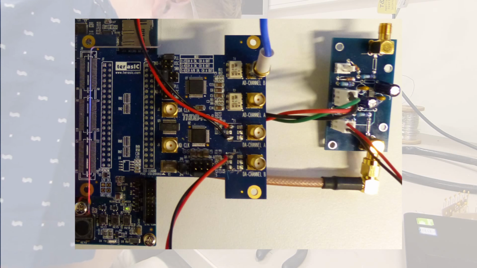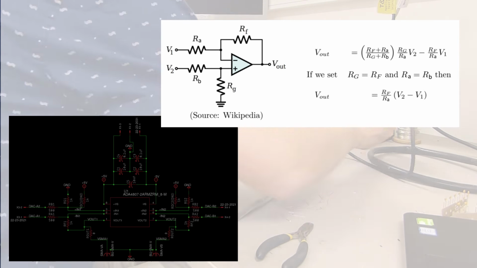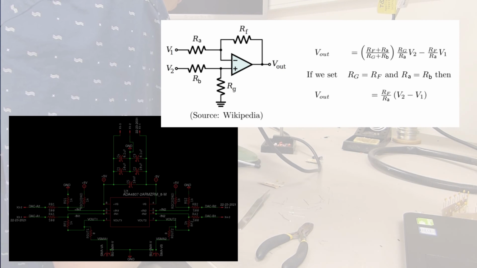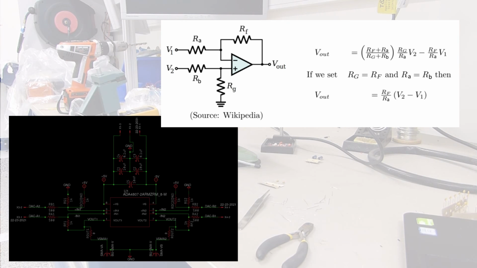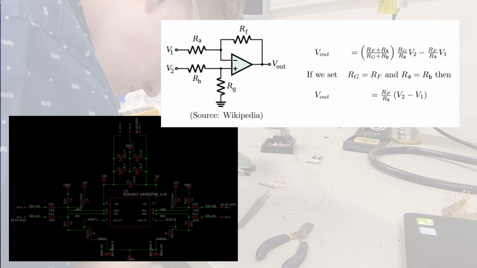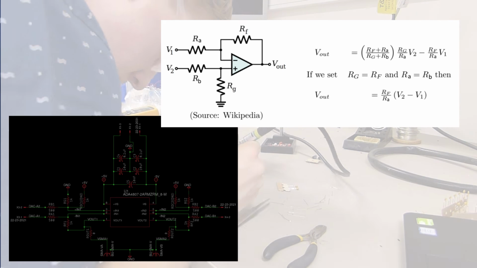Through a simplification of RF being equal to RG and RB equal to RA, we can have a very simple gain equation for this circuit. The values that we chose for our resistors were 2.5 kiloohms for RG or RF and 511 ohms for RA or RB.